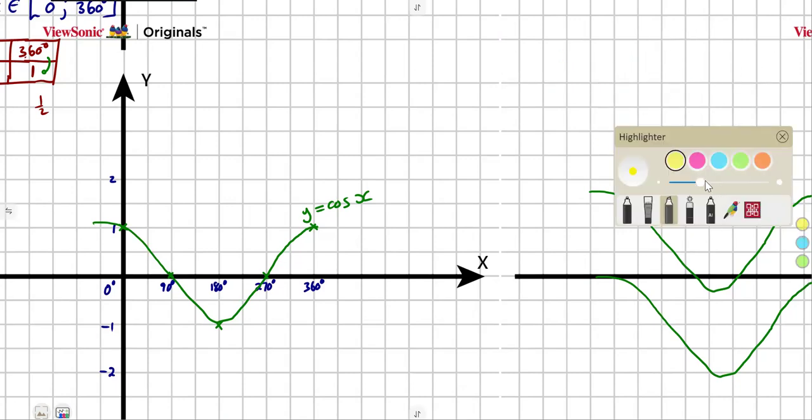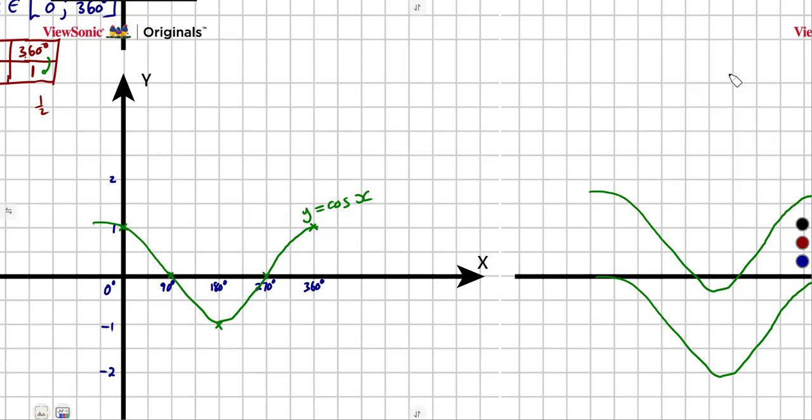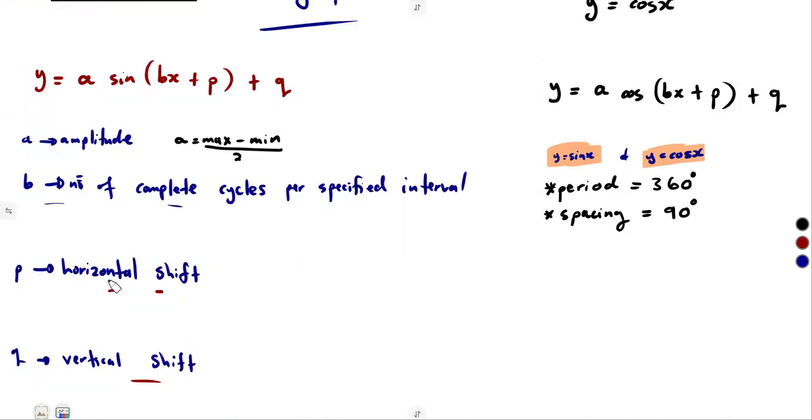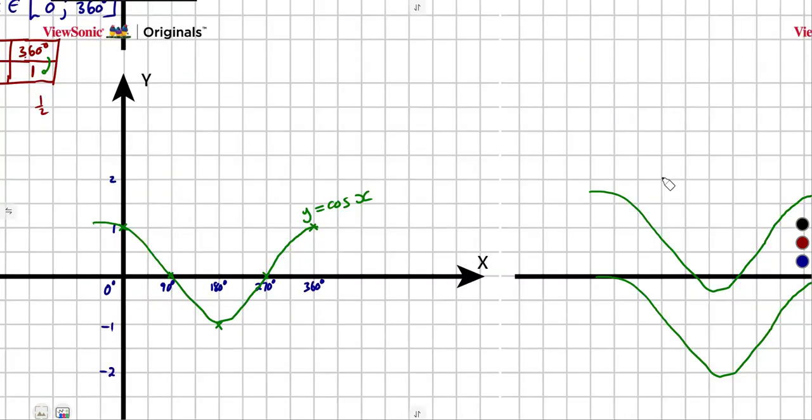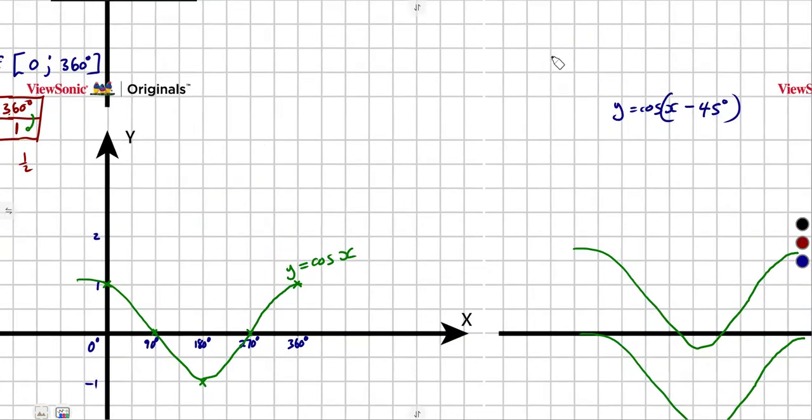Of P. From what we are given, that's our horizontal shift, P. Y is equal to cos of x. Then an angle is being added or subtracted direct on that x. That's the effect of what? Of P.